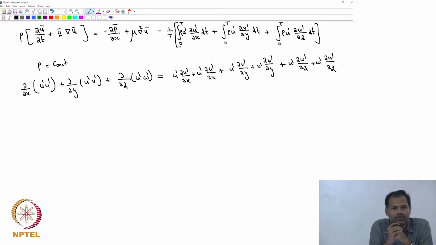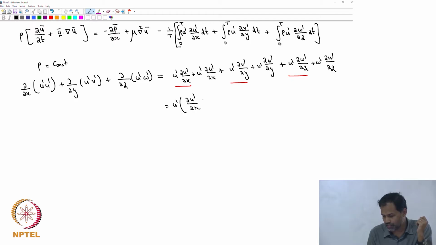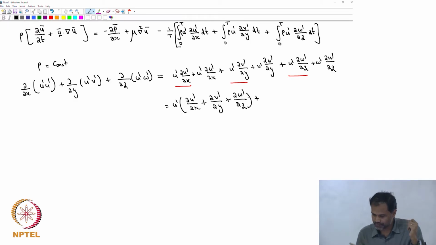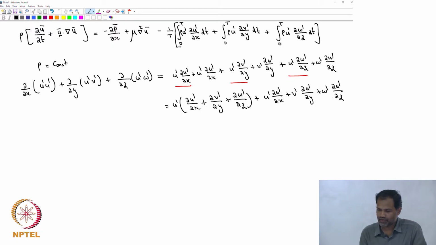Just expanded the products, and if you look at these terms, that's nothing but u prime into dou u prime by dou x plus dou v prime by dou y plus dou w prime by dou z, plus the other quantity that we have, u prime dou u prime by dou x plus v prime dou u prime by dou y plus w prime dou u prime by dou z. Oh, I have written all these things wrong.